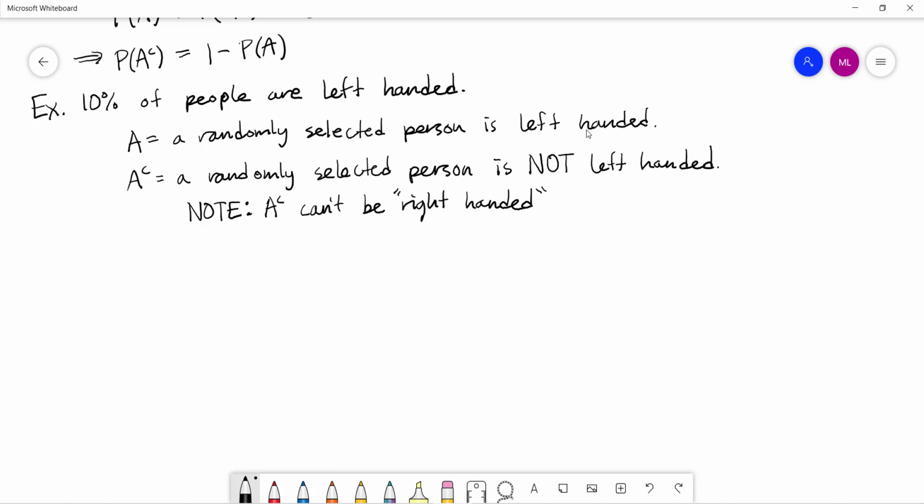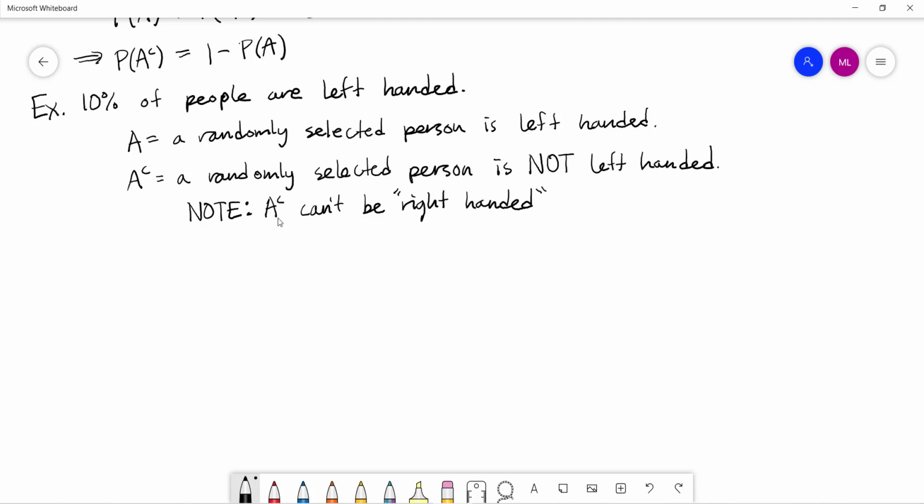It's not something that pertains to those individuals. So really the complement of a randomly selected person being left-handed is them being right-handed or ambidextrous or not having hands, or there's maybe other cases that I can't think of. And so instead of trying to come up with every possible counterpoint to being left-handed, most of which are right-handed, but there are a few of these other cases, it's easier in this case to just say not left-handed.